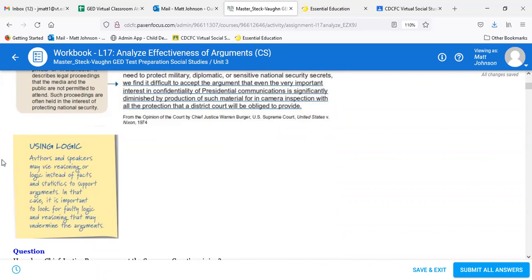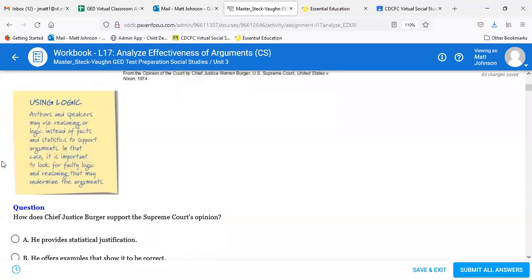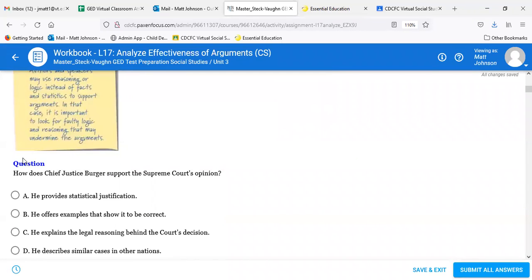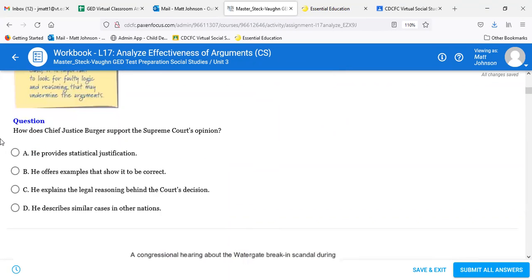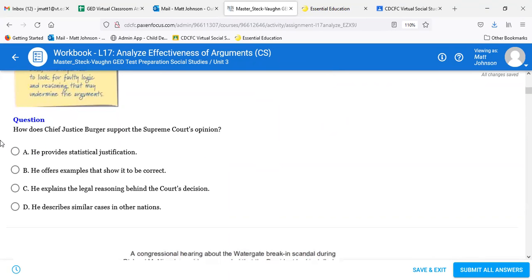Okay, so let's take a look at our questions then. And let's see, Grace, could you read question 1 for us? How does Chief Justice Berger support the Supreme Court's opinion? A, he provides statistical justification.